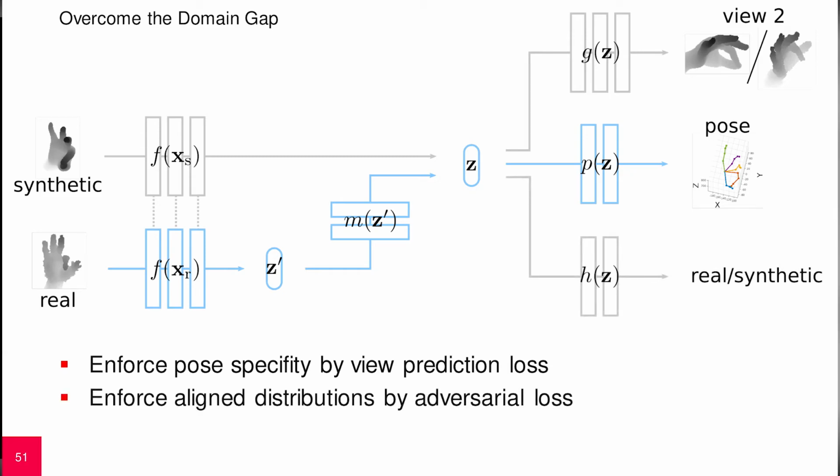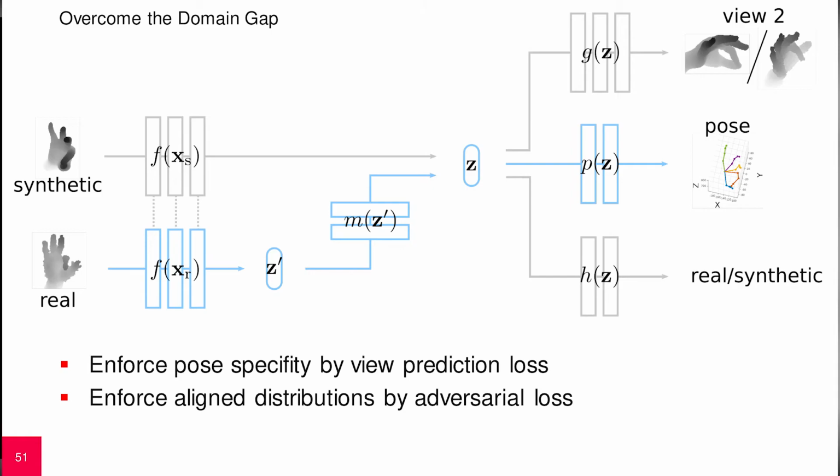And then we also add a discriminator, a critic, to predict whether this sample is real or synthetic from this latent representation. So this critic only gets the latent representation, and its target is to discriminate real and synthetic samples.